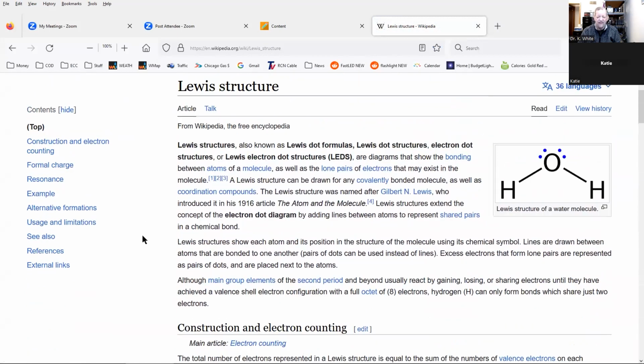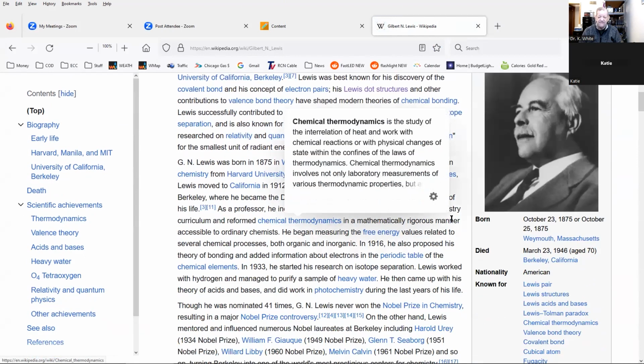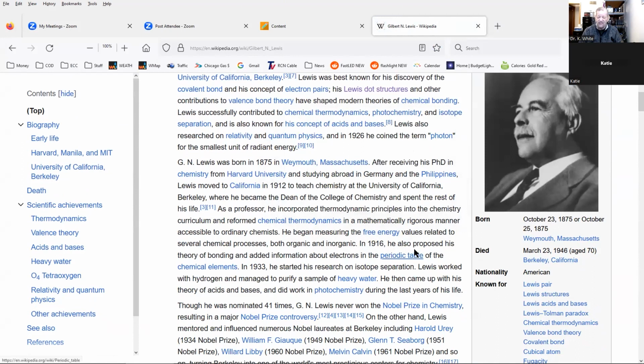I've never heard it. Ah, he was from University of California, Berkeley, and about 1920, he came up with that, or 1916.